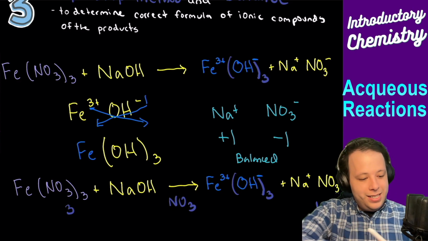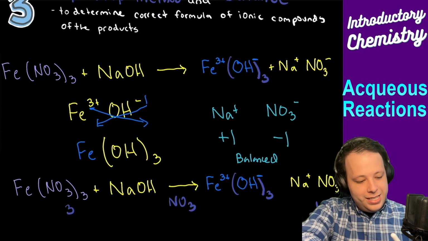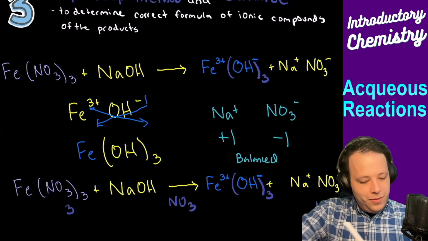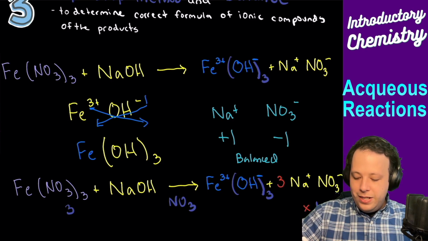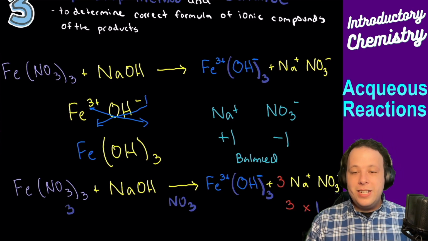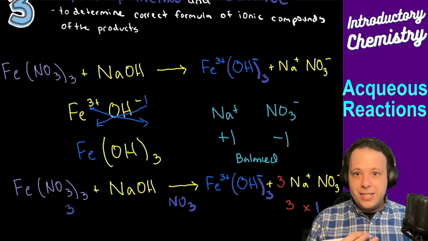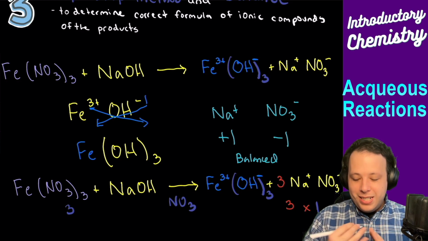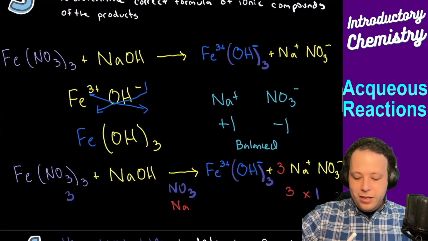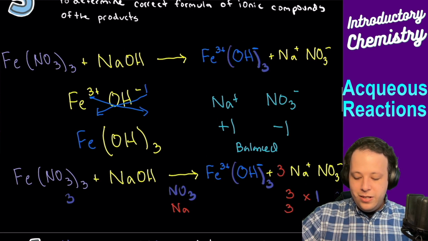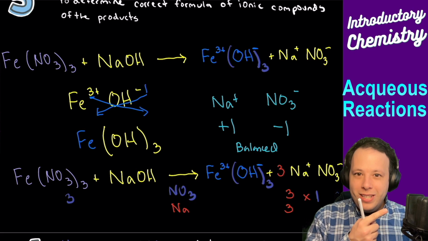So how can we easily balance that? Well, we have to add subscripts. If I put a subscript on the right-hand side next to sodium, this is going to multiply my number of nitrates by 3, therefore causing my nitrates to be balanced. In the process, it also multiplies my sodiums by 3 as well. So there's 3 sodiums on the right-hand side, and only 1 sodium on the left.